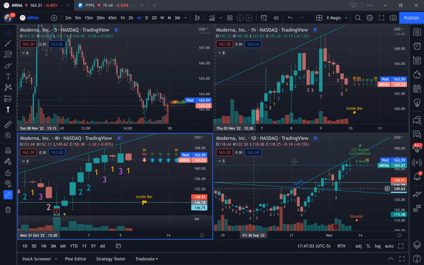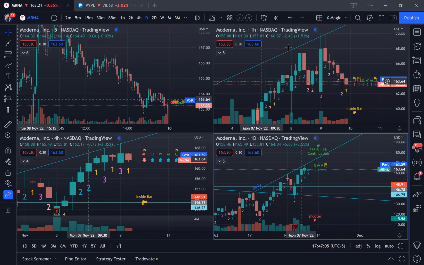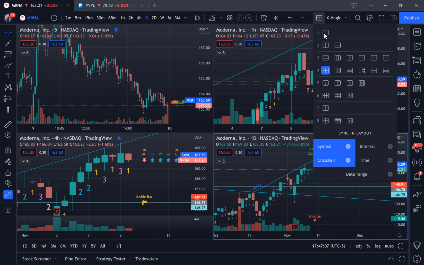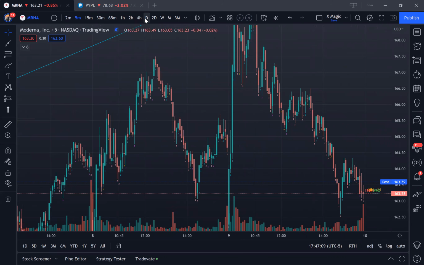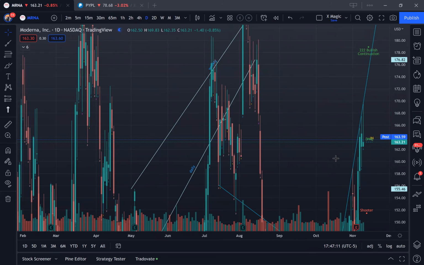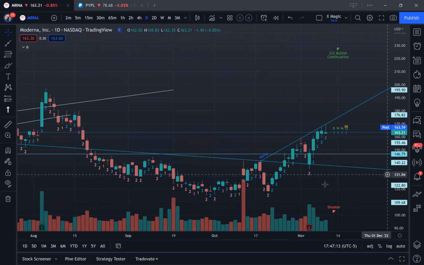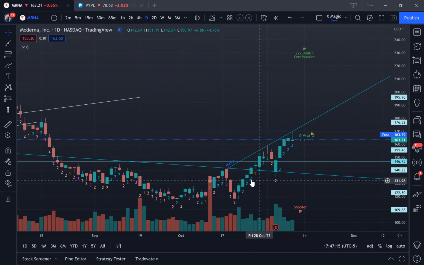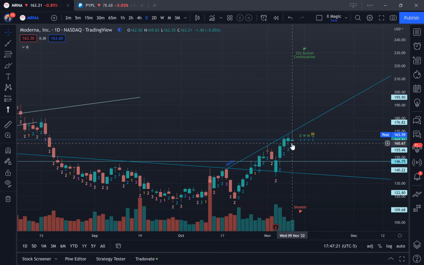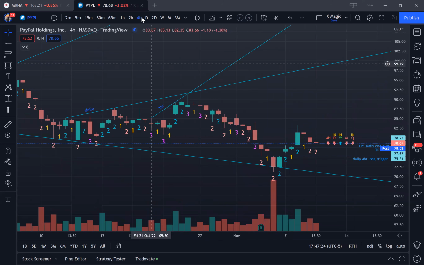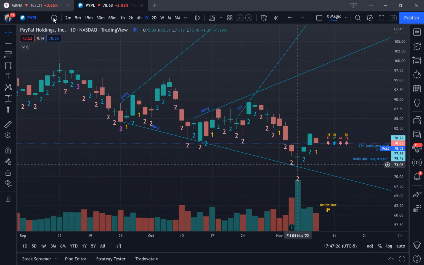For Moderna, I put it in the watch list for tomorrow. Let's bring this up on the daily. So Moderna off the daily broadening formation, we got a shooter, which is another actionable signal similar to the PayPal one that I showed you guys here on the daily.